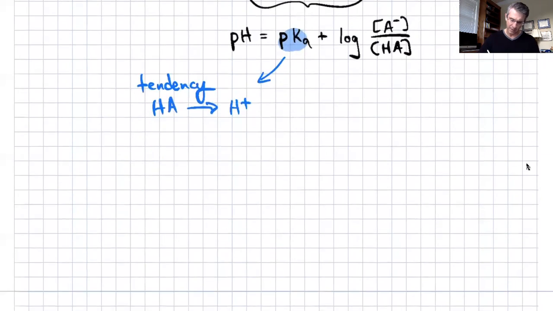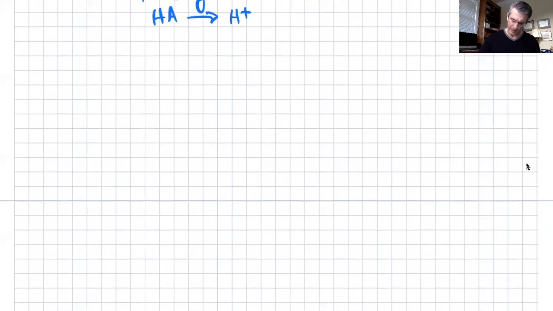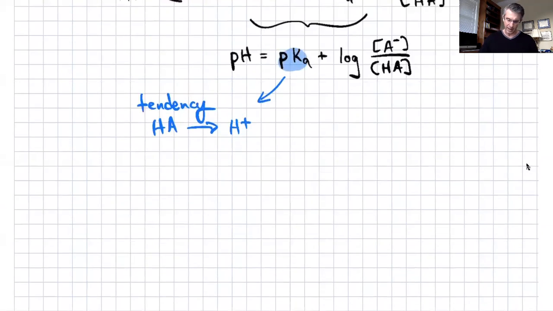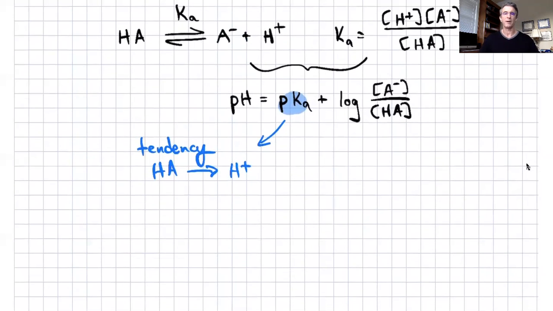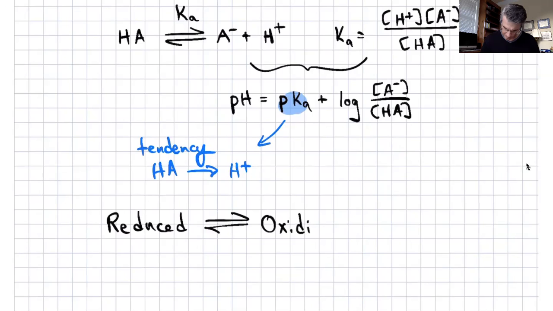Okay, so to carry this analogy out a little bit further, one could write out, similar to an acid-base reaction, a redox reaction, where we would have something that was reduced in some equilibrium with something that is now more oxidized, plus an electron, in a general sense.